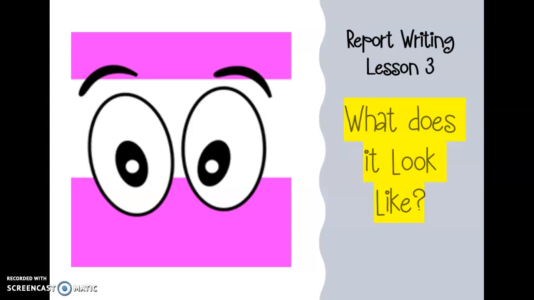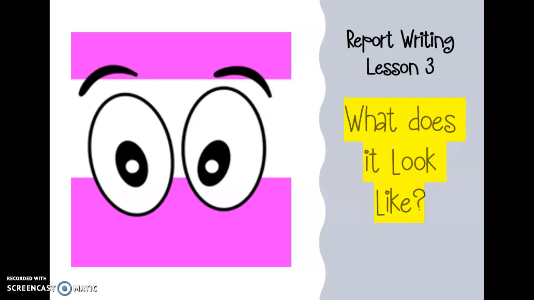And when we see the two eyes in our report, we need to say, what does the animal look like? So we're describing the animal's appearance. If we were just to look at the animal and describe it, that is exactly what these eyes mean.